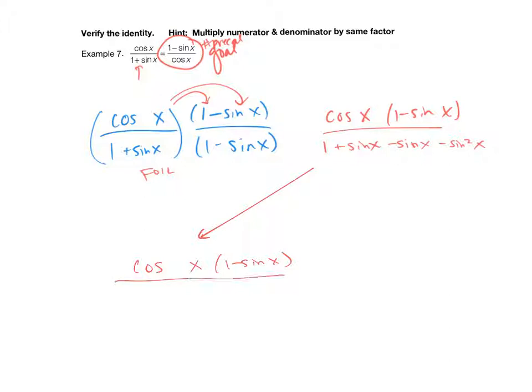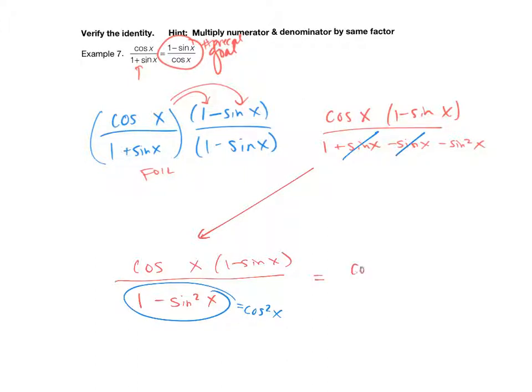The bottom, though, plus sine x and minus sine x cancel. So I am left with 1 minus sine squared x, which, if you remember, I can use the Pythagorean identity, and this equals cosine squared x. So I'm going to plug that in.